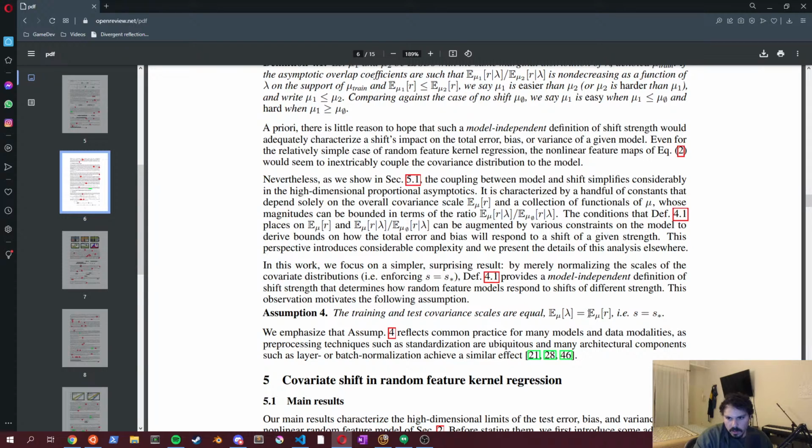E mu lambda equals E mu r, i.e. S equals S star. We emphasize that assumption 4 reflects common practice for many models and data modalities, as pre-processing techniques such as standardization are ubiquitous in many architectural components, such as layer norm, batch norm, and achieve similar effects.